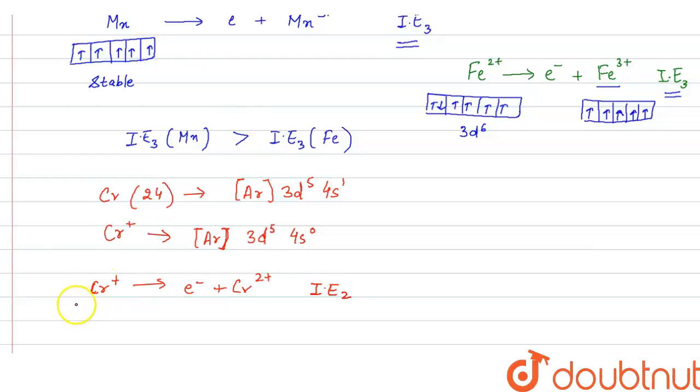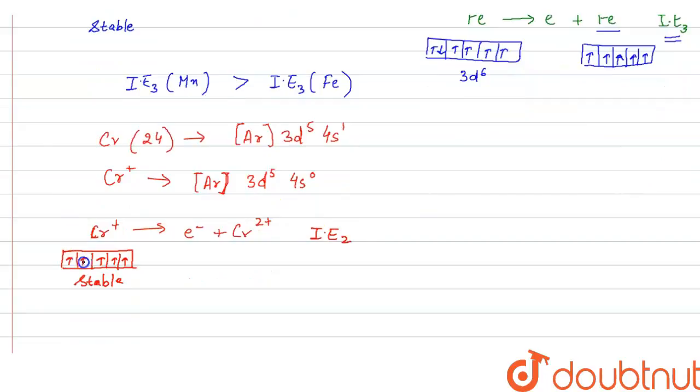Now in Cr+ we have 3d5. In the outermost shell we have 5 electrons and it is a stable configuration. So a large amount of energy will be required to remove an electron from Cr+.